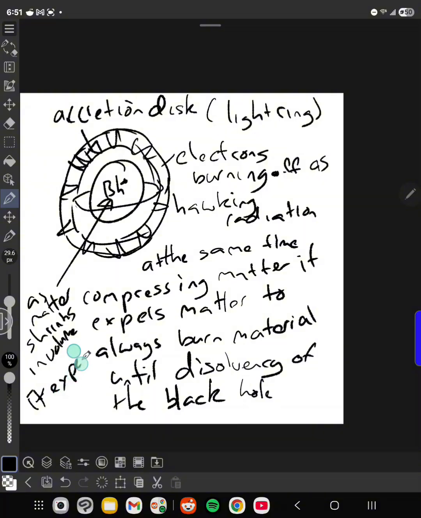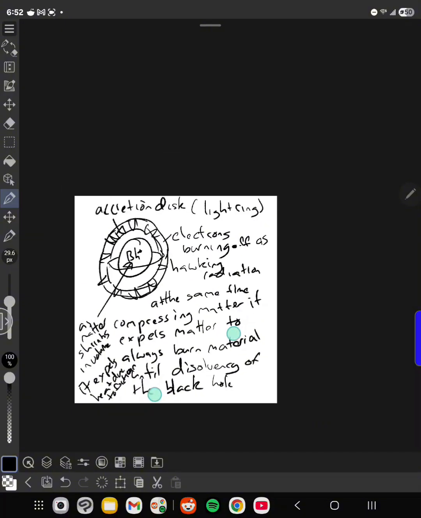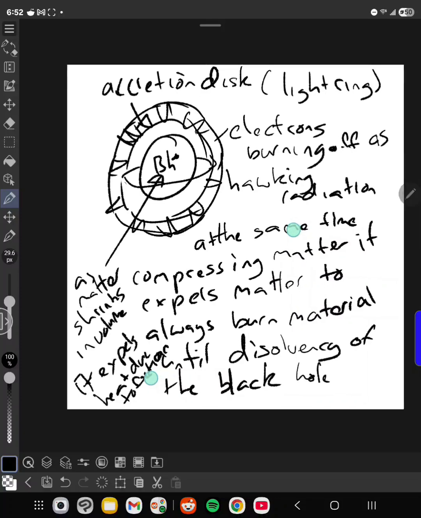It expels heat due to friction. If I can fit it barely there. All right, I'm going to move on to the next page.